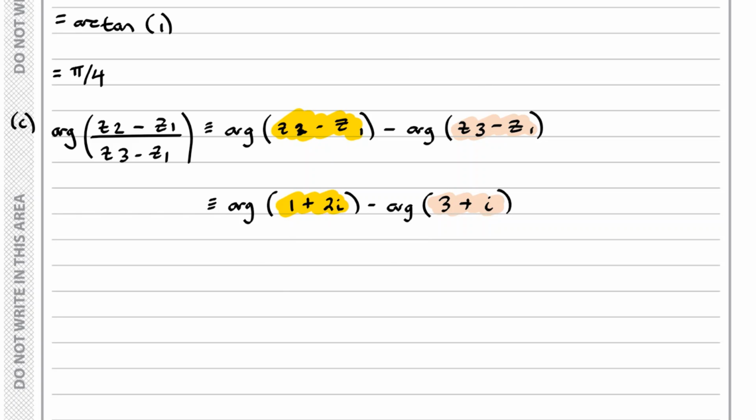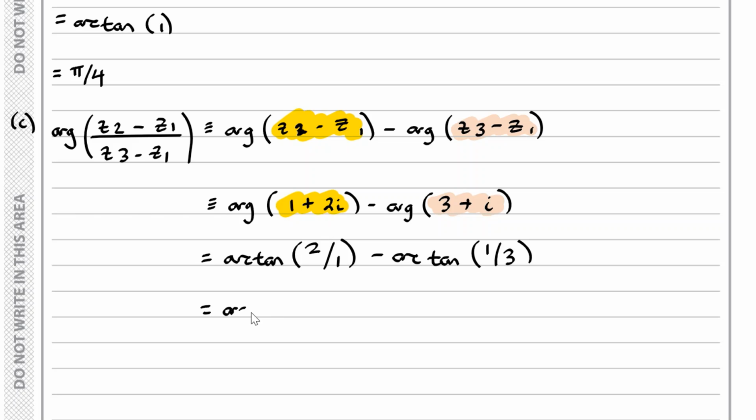And using the exact same thing that we mentioned before, to find out the argument, that's the arctangent of the imaginary part over the real part. So we have the arctangent of 2 over 1 minus the arctangent of 1 over 3.